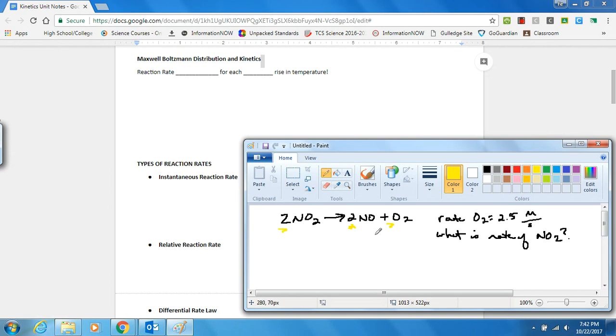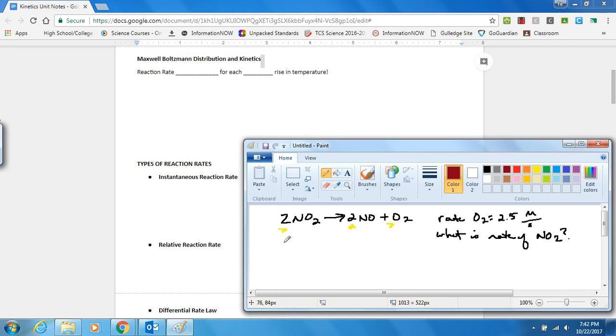Now you can definitely set up it in different ways. You can figure it out the best way that works for you. I like to set up proportions. So my proportion for this would be, I know that O2 to NO2 has a 1 to 2 relationship. What that means is that NO2's rate, even though it is decreasing, is going to be twice that of O2.